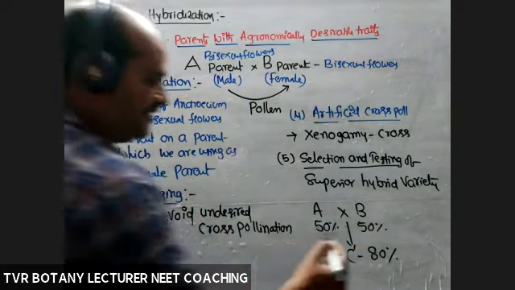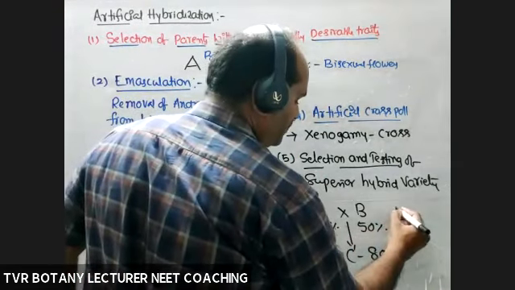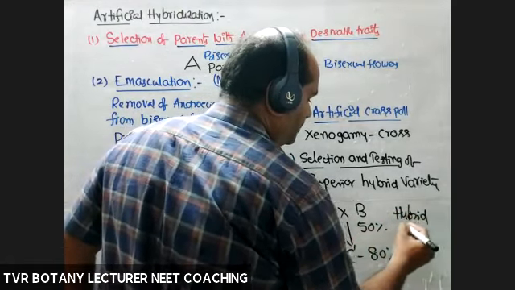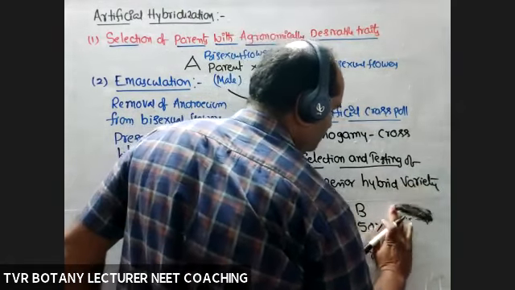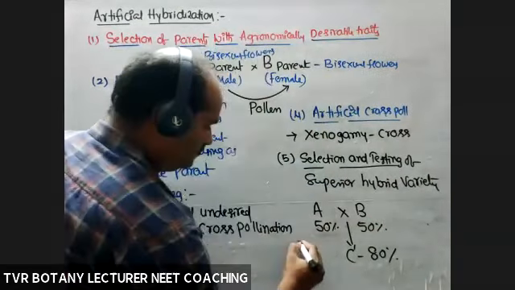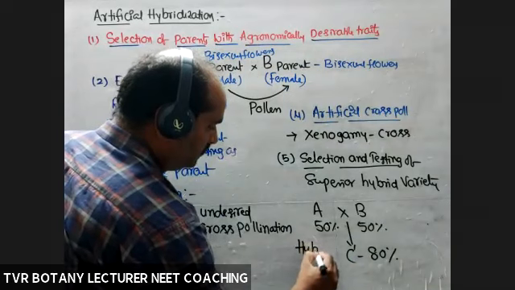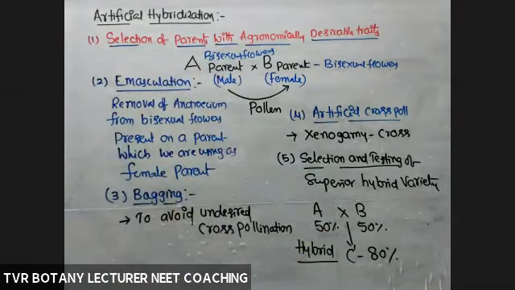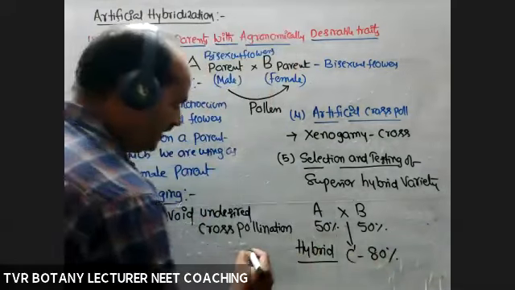So C is a hybrid, a hybrid cultivar. We selected, for example, C with heterosis, hybrid vigor.